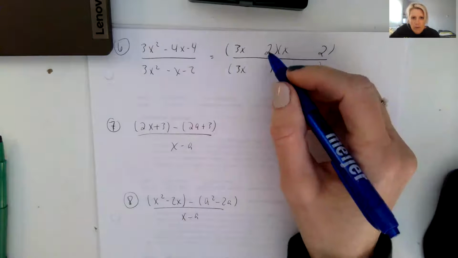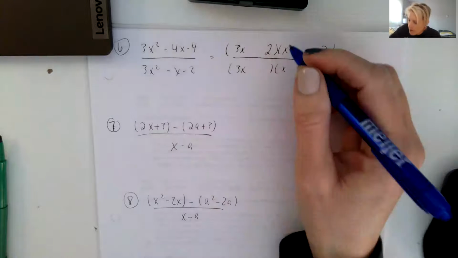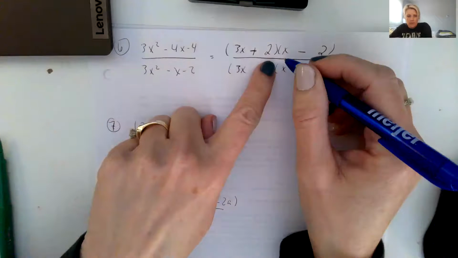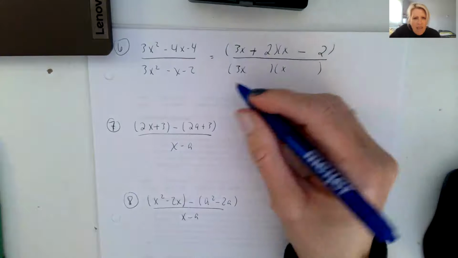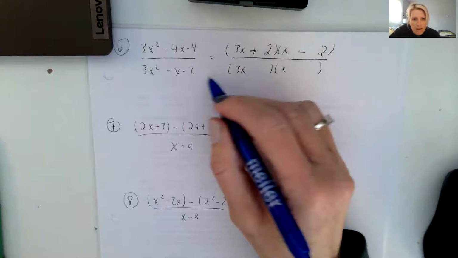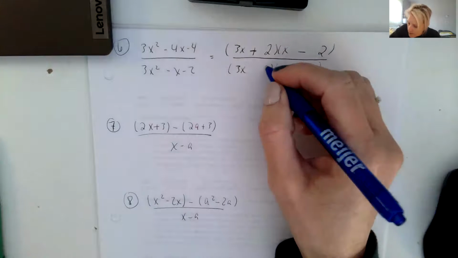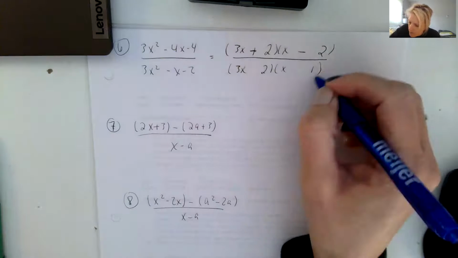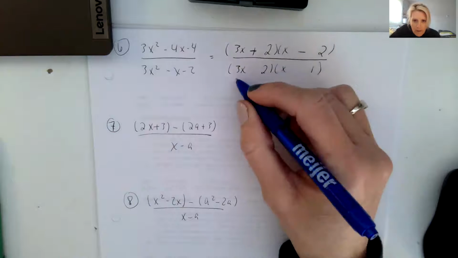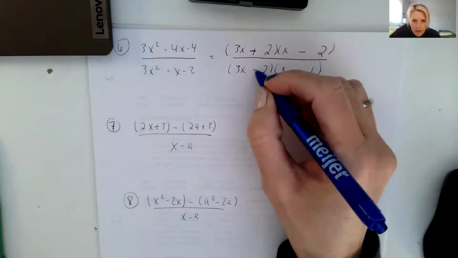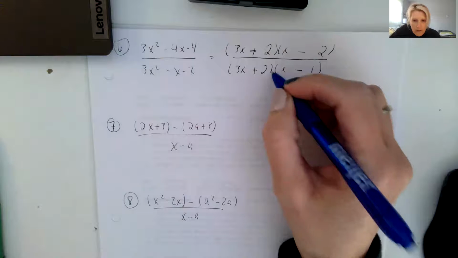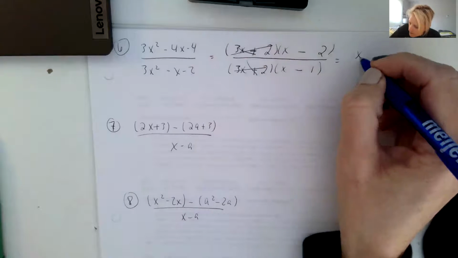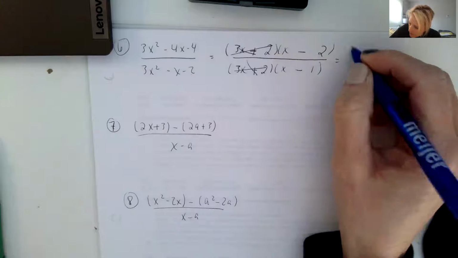So 6 minus 2 is 4, and we need the 6 to be a negative, so that's going to have to be the positive. So a negative 6 plus 2 is a negative 4. And then we have 3x times x, and then the negative 2 is going to be, we need it to be a difference here. So the 2 has to go here, so it's 3 and 2. And the 3 is going to be negative, and the 2 is going to be positive. So it's going to be a negative 3 plus 2 is a negative 1. There we go. So it looks like the 3x plus 2 cancels, and we're left with x minus 2 over x minus 1.